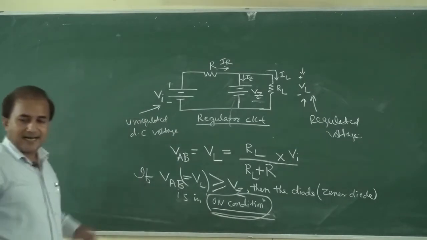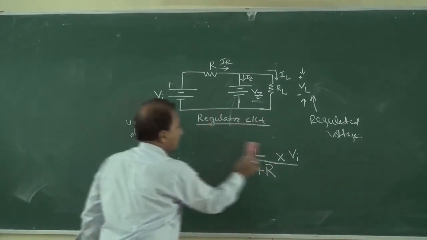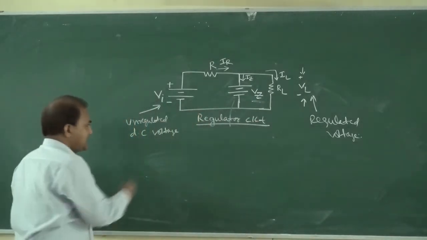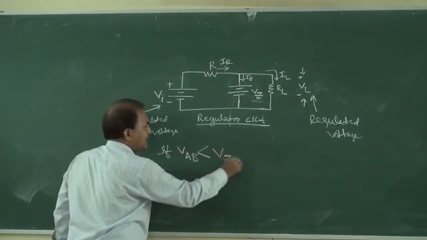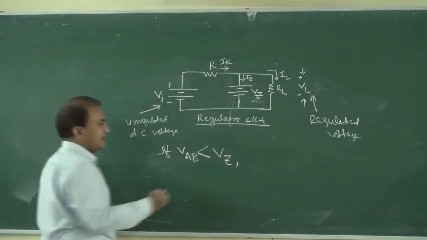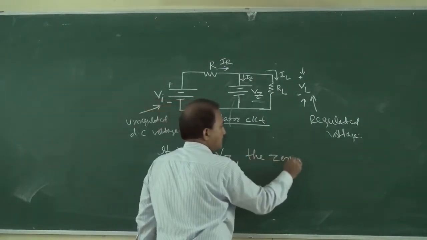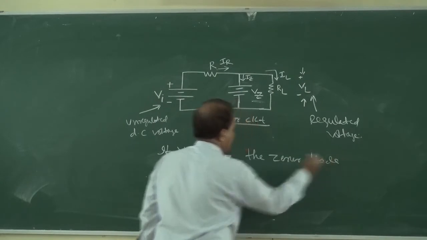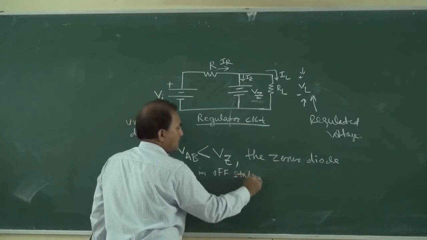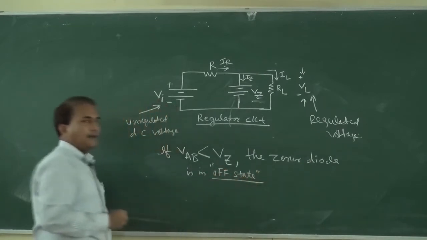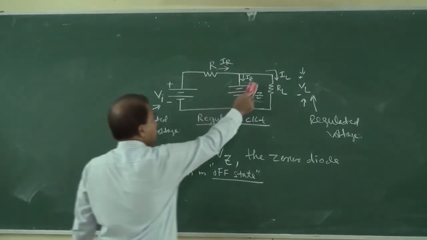This is the first case, and the second case is if VAB is less than Vz. Then what will happen? Then in that case, the Zener diode is in off state. So we can remove this.